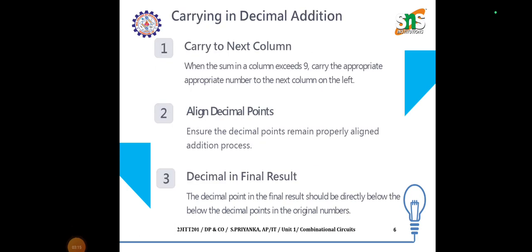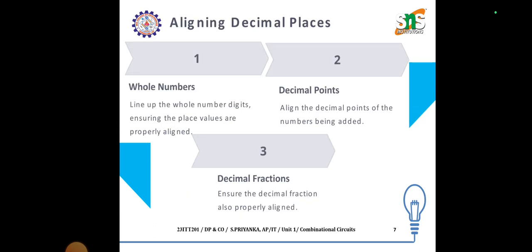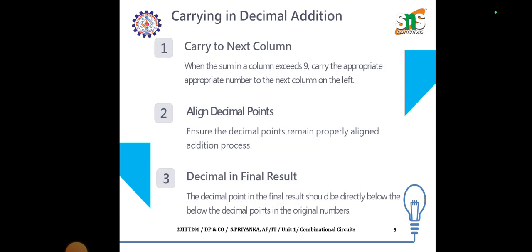Here comes carrying in decimal additions. Carry to next column, align decimal points, decimal in final results. Let's see carry to next column. When the sum in the column exceeds 9, carry the appropriate number to the next column on the left. Next, align decimal points.